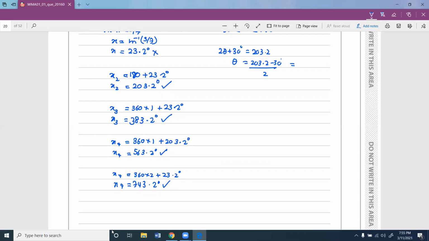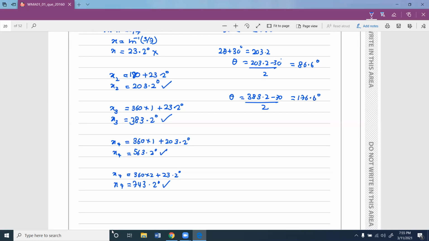That is 86.6, my first angle. Then the next angle, the same relationship: 383.2 minus 30, divided by 2. That answer is 176.6.